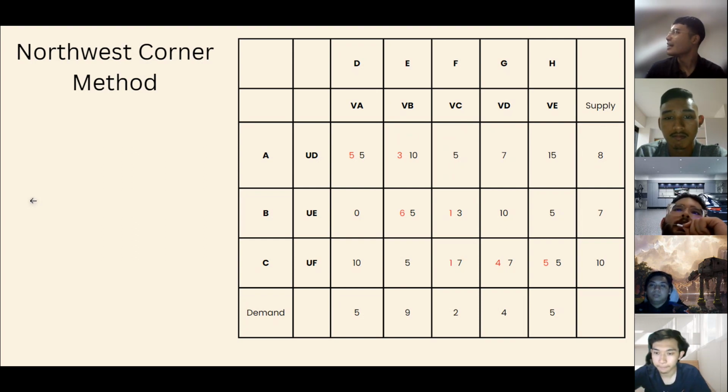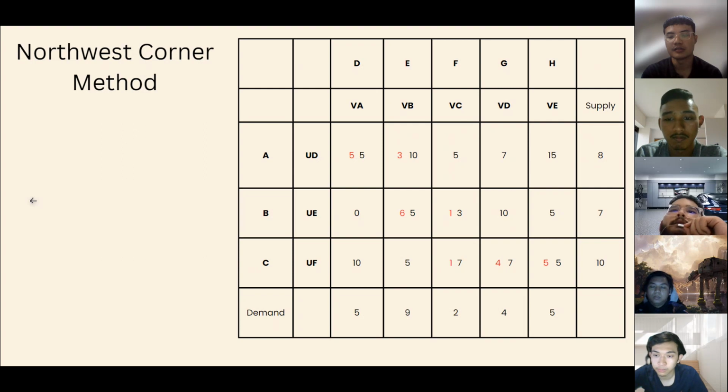So the first one for D, we have 5 from A. So the supply for A is 3 left. So 3 will go to E, and then 6 from B will go to E.